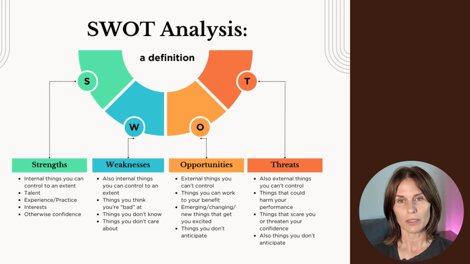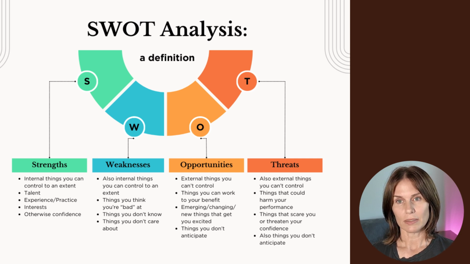These include the talents you have as they relate to a particular activity, your level of experience or practice with the chosen activity, your interests and how they enhance or contribute to the activity or goal you're working toward, and finally, confidence you otherwise possess, whether that be in general or as it relates to the thing you want to develop.